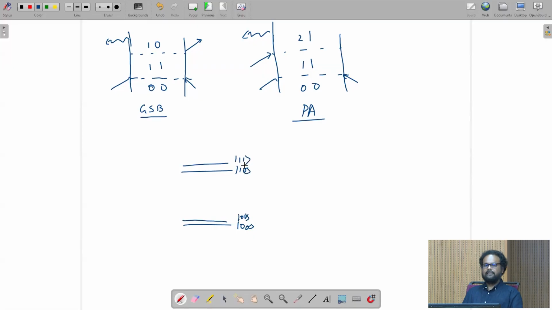If I have something like this, I'll show that you can create vibrational coherences which will appear in your pump probe process as oscillations. In a 3-level system, with pump probe we can see the coherence also.